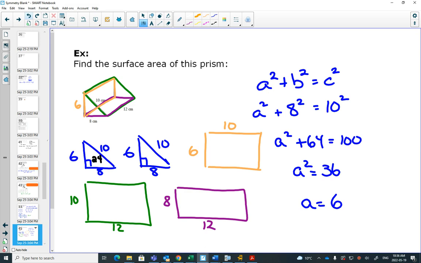Base times height divided by 2. 6 times 8 is 48, divided by 2, 24. This one, same triangle, also 24. Area of that rectangle, 6 times 10, 60. Area of this rectangle, 120. And area of this rectangle, 96.